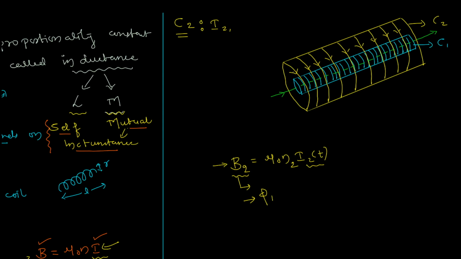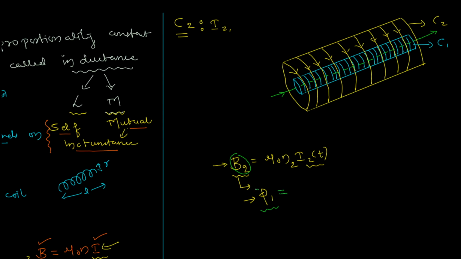I repeat, coil C2 will produce a magnetic field along its own axis, but the coil C1 happens to be at its axis. So whatever magnetic field B2 is created by the second coil is going to create flux phi1 across the first coil. So phi1 is the flux through the first coil.